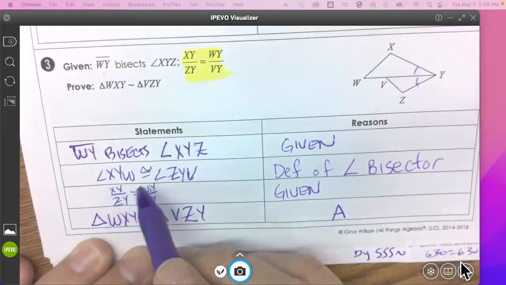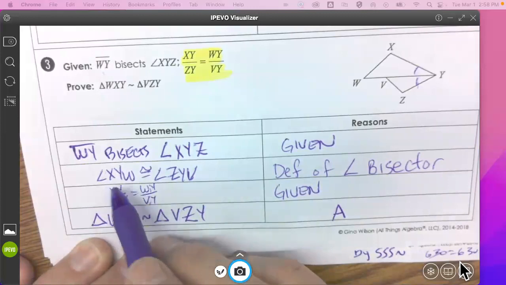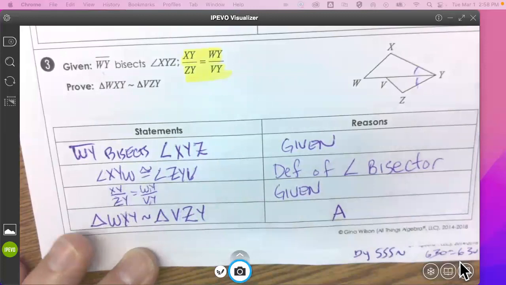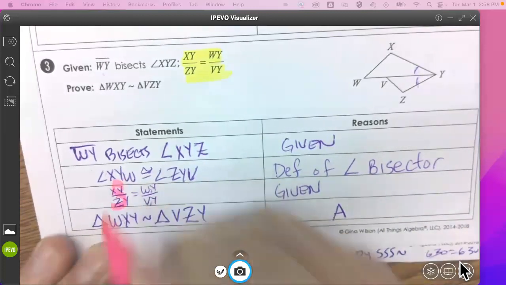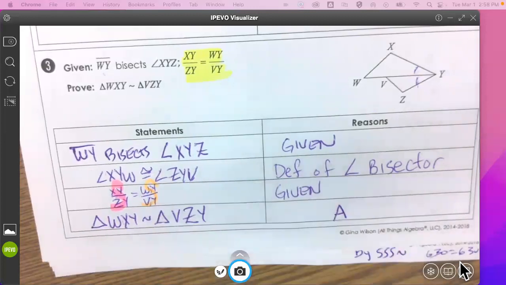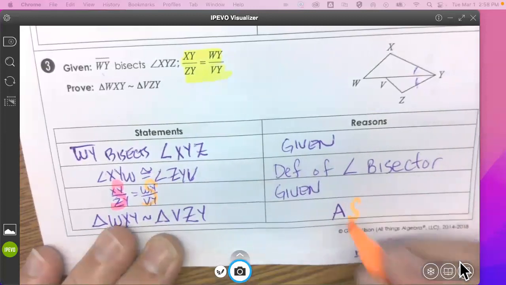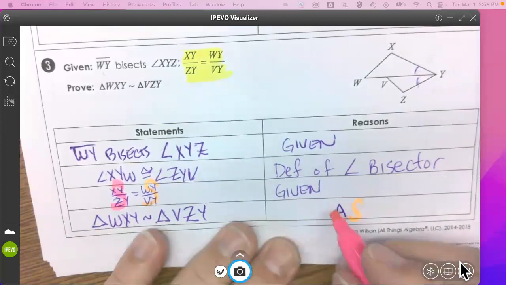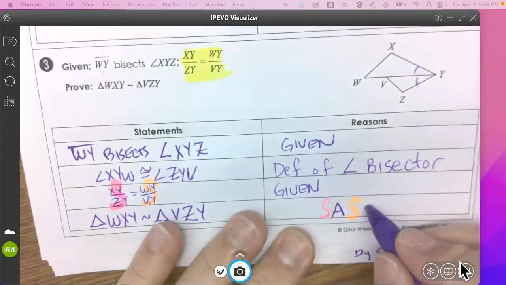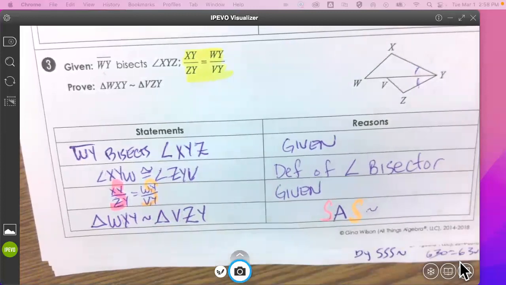These two sets of sides are proportional. In other words, their ratios are equal. And if those sides are proportional, then doesn't that give us one S here and a second S there? So that's all we need. We now have enough to say side angle side similarity. QED, we're done.